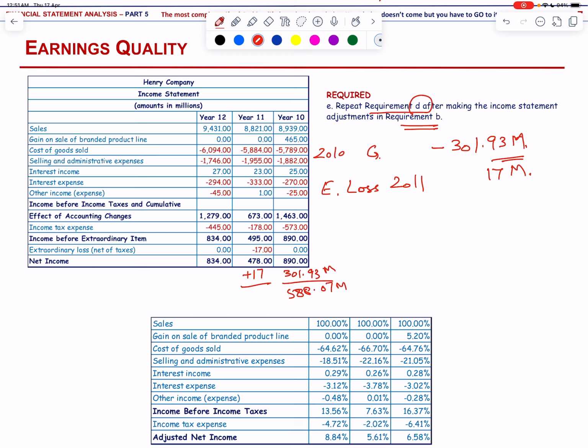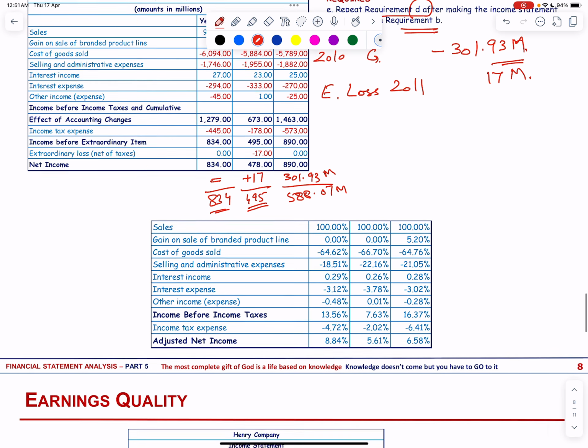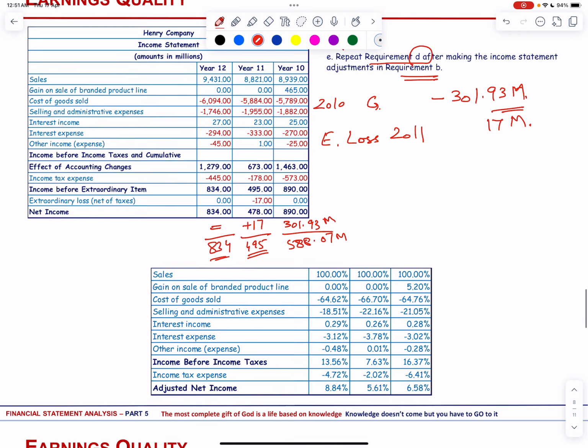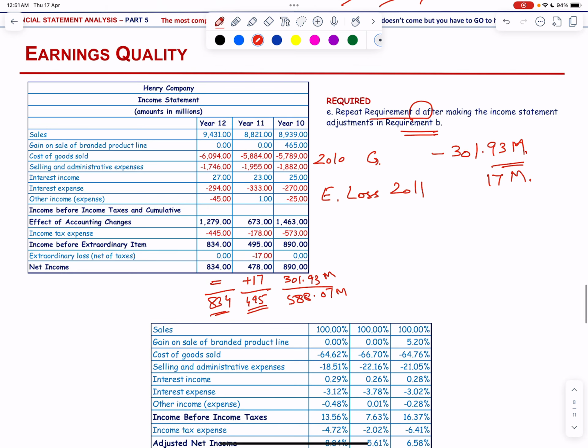Then for the year 2011, we are going to add back 17 million, and now this value is going to be 495, and there is no change in year number 12, so it remains the same, 834 million. Now once we go for the common size statement, again it is 9431 sales divided by sales, and that is going to give us 100%.